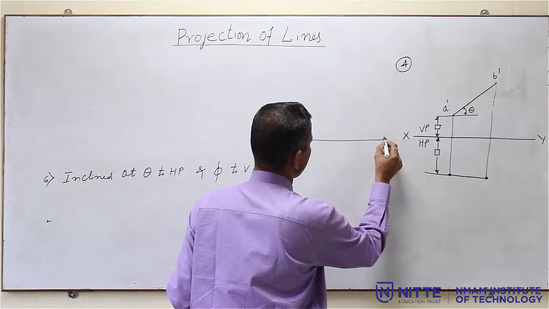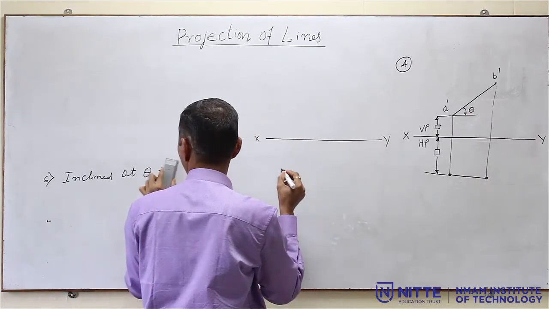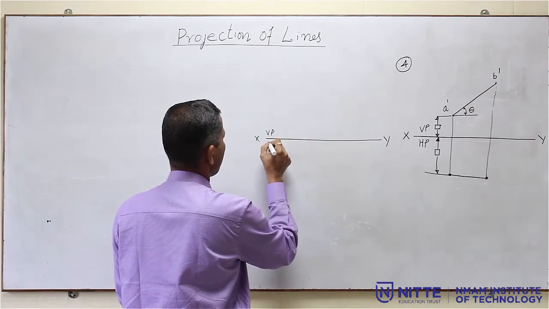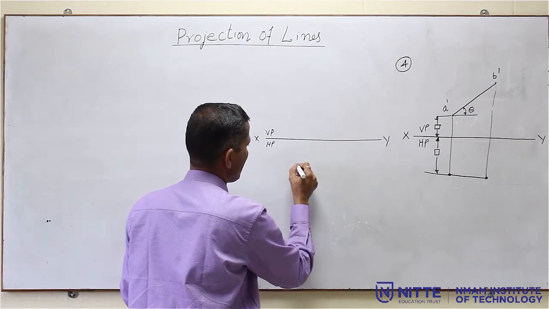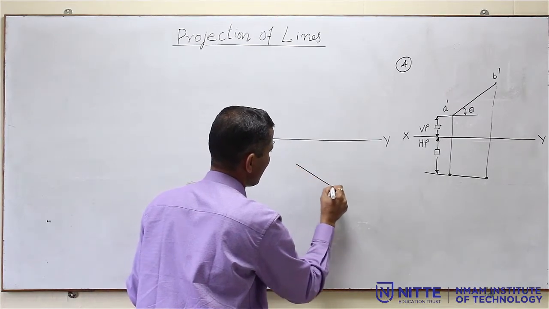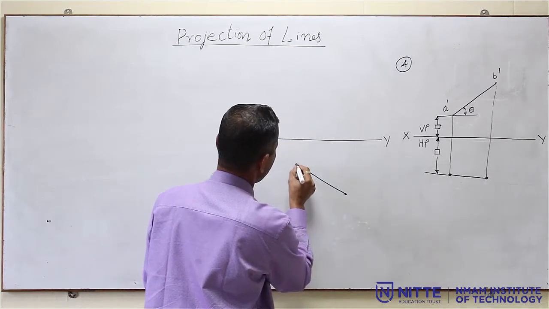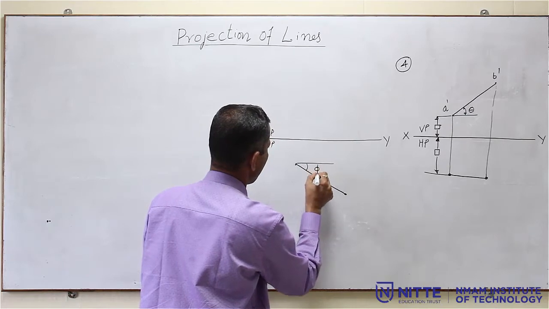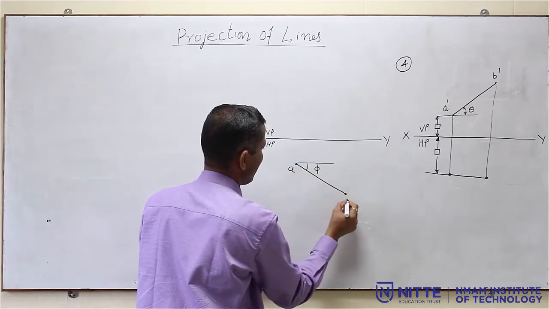Now, if I draw it on the board, it will be like this. This is the XY line, VP and HP, and this distance will be given from here at an angle of phi. So, this angle is phi, this length is 100 mm, and this is AB, the top view.